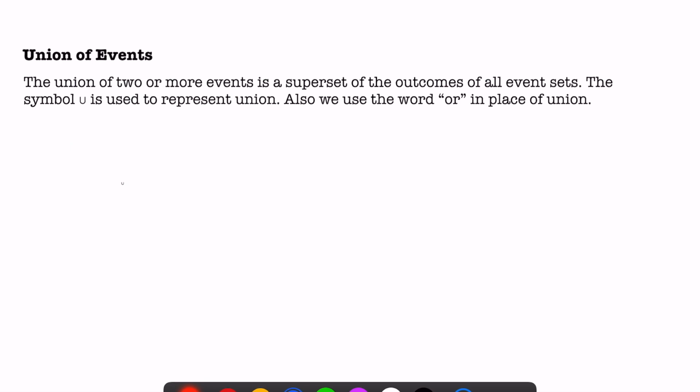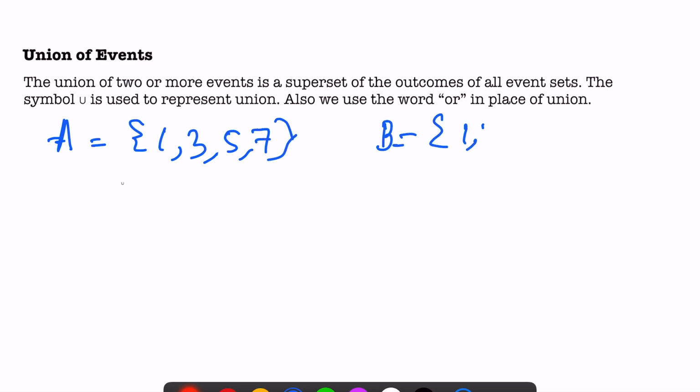Consider one event A: 1, 3, 5, 7. One more event B: 1, 2, 4 and 6.